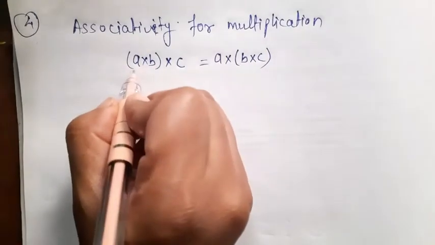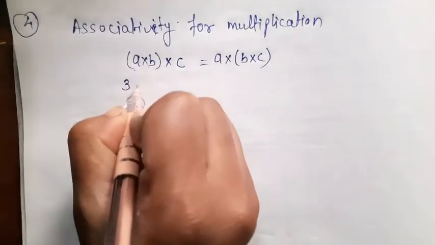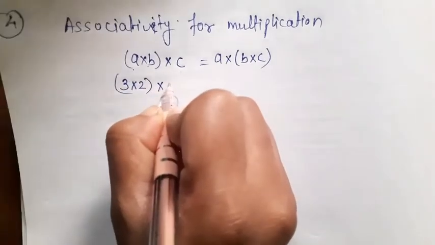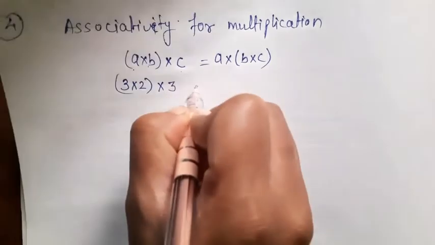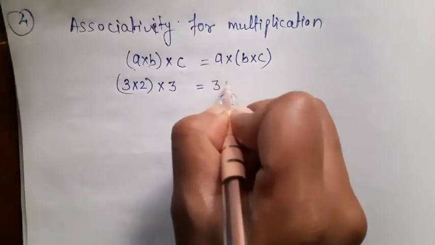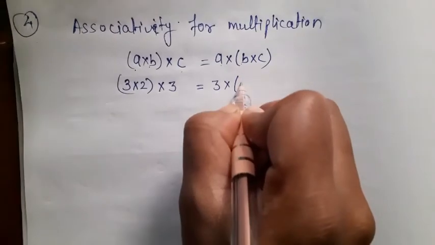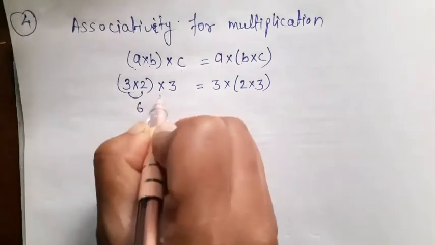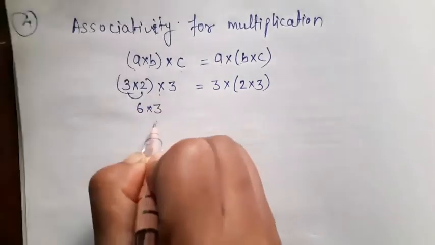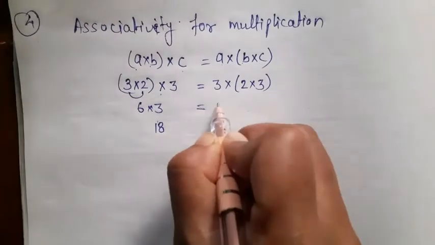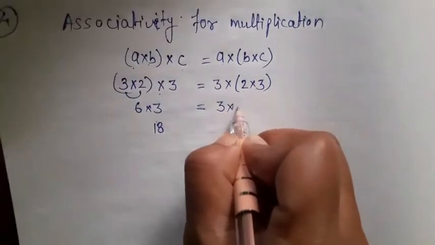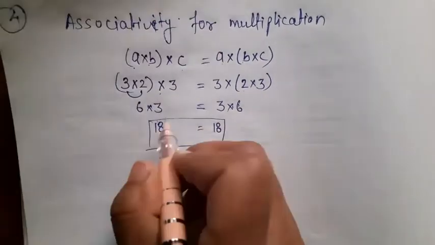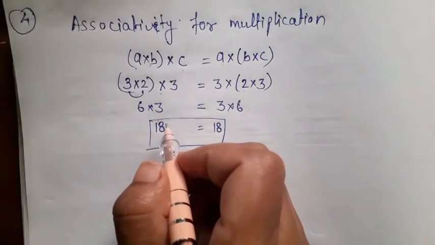For example, if the value of a is 3, the value of b is 2, and the value of c is 3. So 3 multiplied by 2 is 6, multiplied by 3. So we get 18. And here 3 multiplied by 3 times 2 is 6, so here we get 18. Both are equal. So this is the associative property.